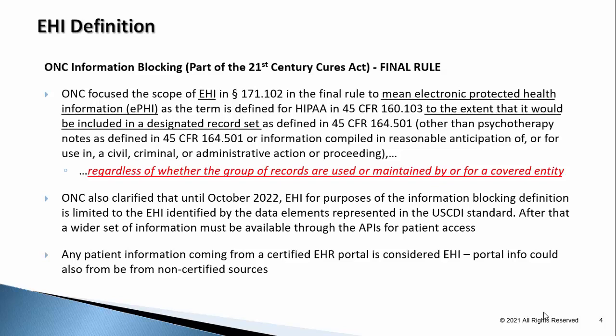Those are data classes, different classes of information. That's going to be limited until October of 2022, when any information in the patient's designated record set could be accessed. So for now, the information blocking rules are going to apply only to the USCDI data set, which again, we will talk about in another presentation.